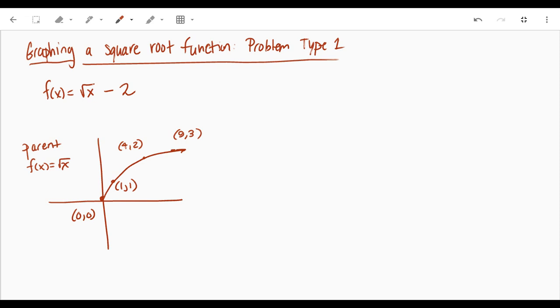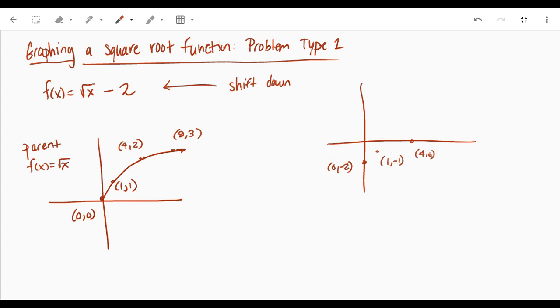Okay, so now this one, we're shifting it down. So we can take every single one of those points and just move it down 2 units. That's all you need to do. Okay, so 0, 0 would be at 0, negative 2. 1, 1 would be at 1, negative 1. 4, 2 would be at 4, 0. 9, 3 would be at 9, 1.